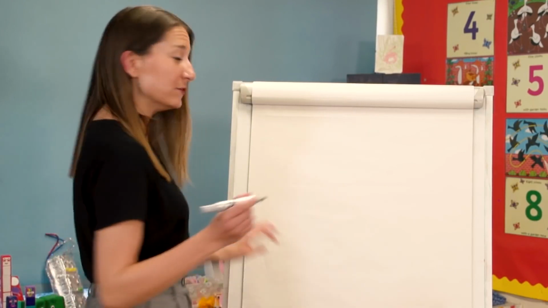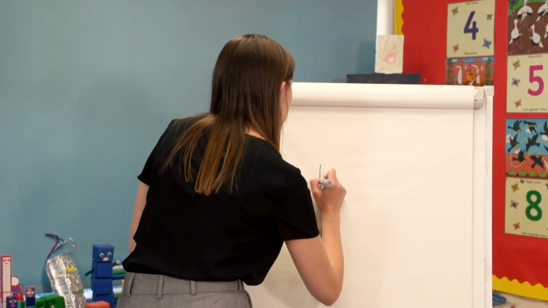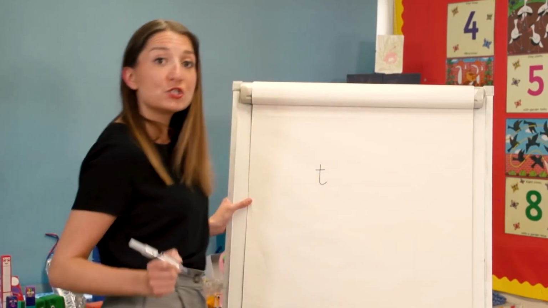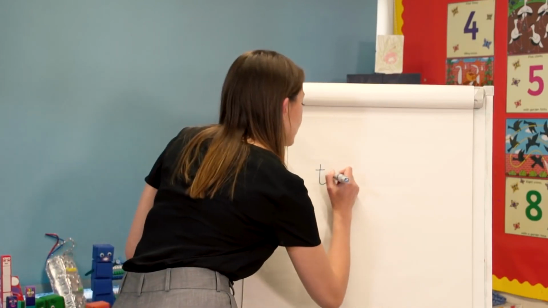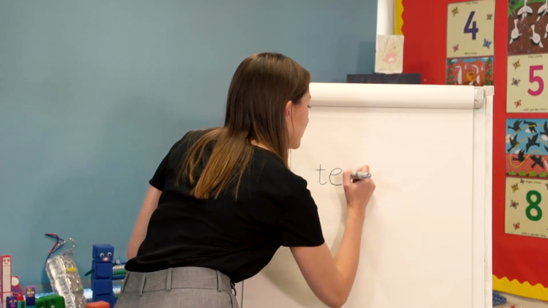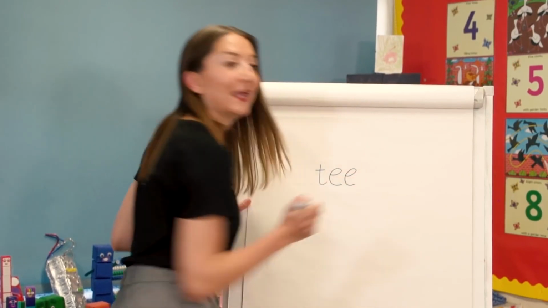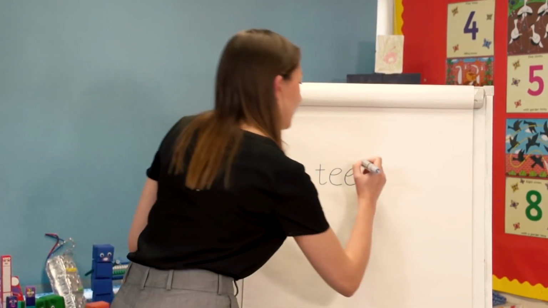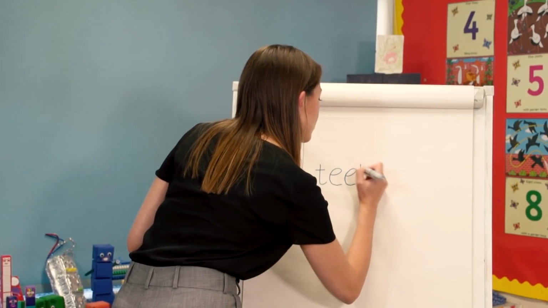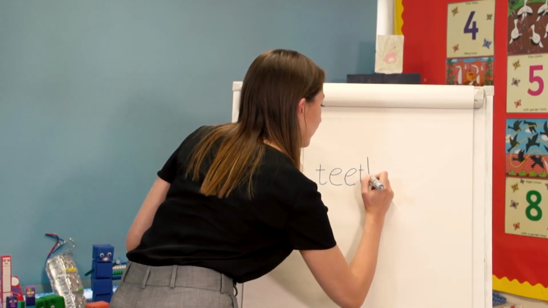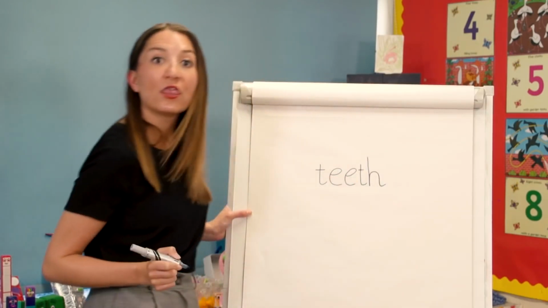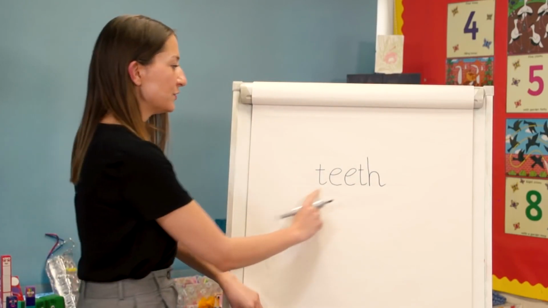The first sound is t. The second sound is my digraph ee. And the third sound is also a digraph, th. t, ee, th.